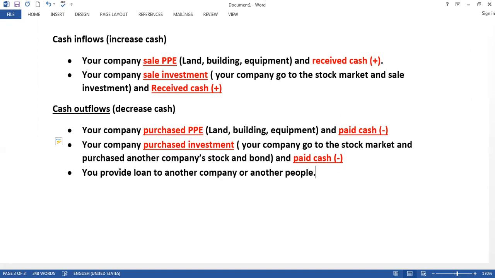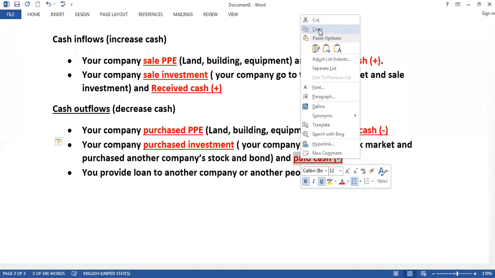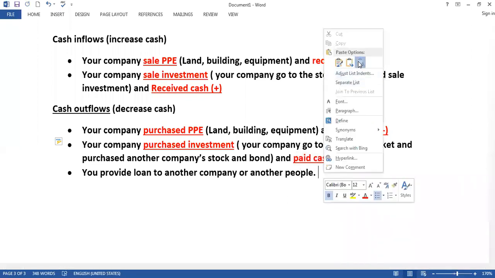For example, you give me loan. You have a lot of money, you give me some loan. Okay. So if you give me loan, it means that you paid cash.